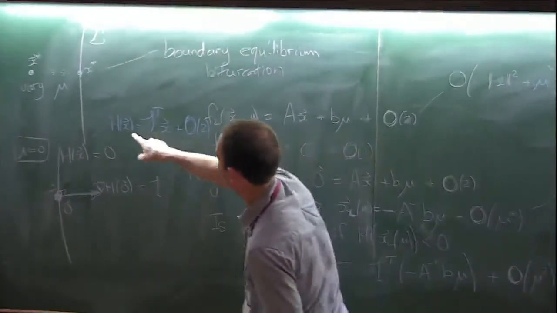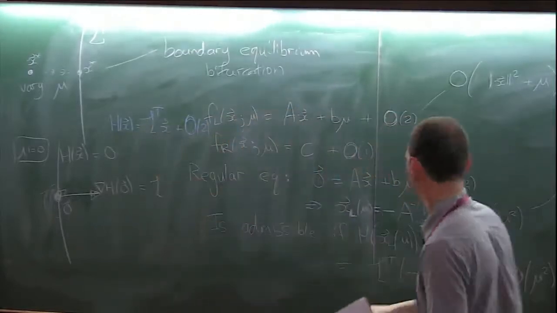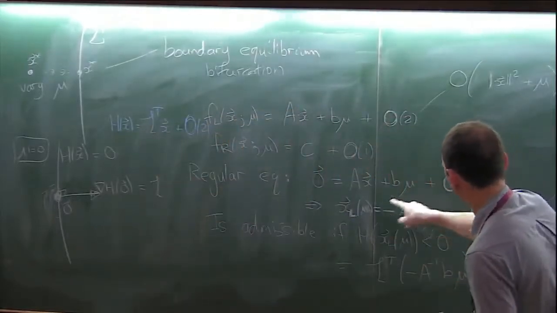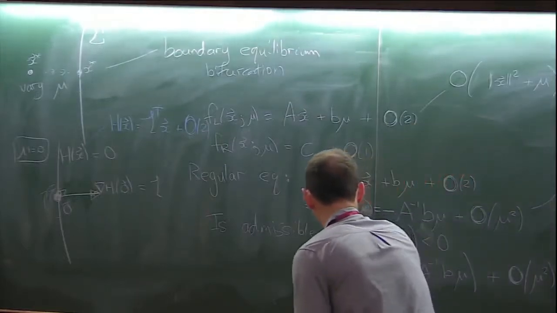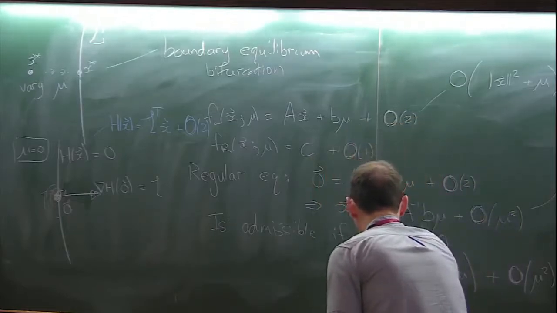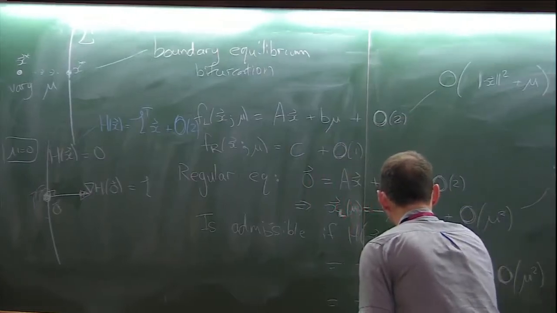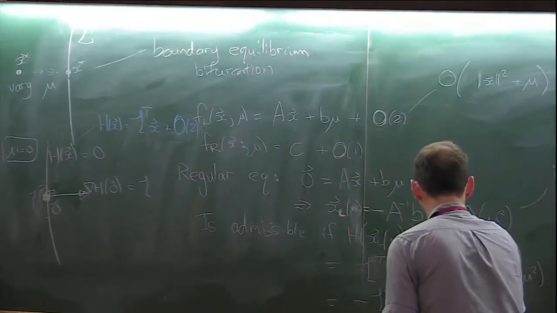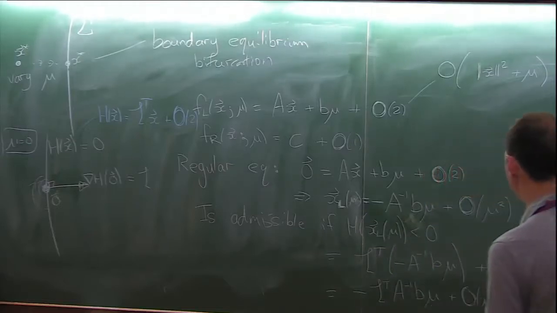So to leading order, H is zeta transpose x, and XL is minus A inverse B mu. Put all those together, that's minus zeta transpose A inverse B mu plus order mu squared.